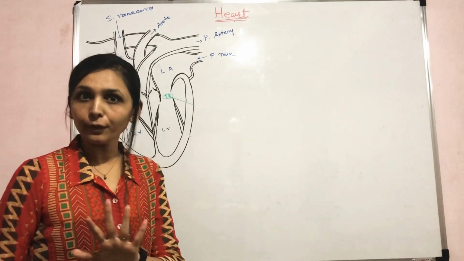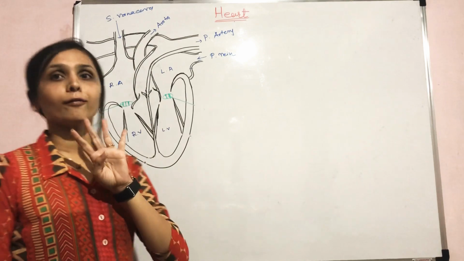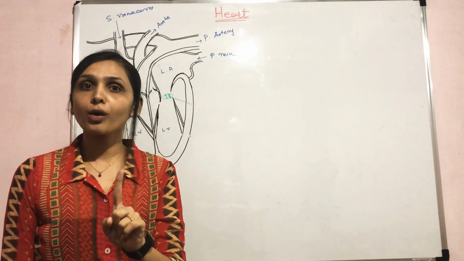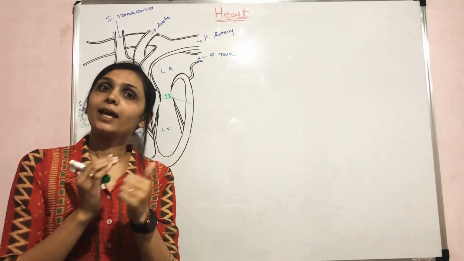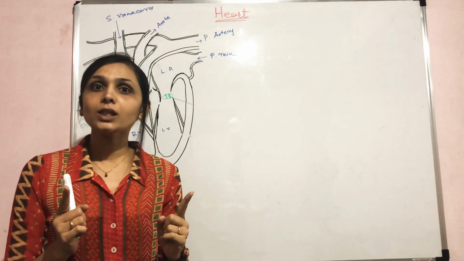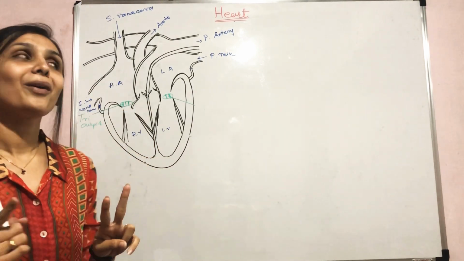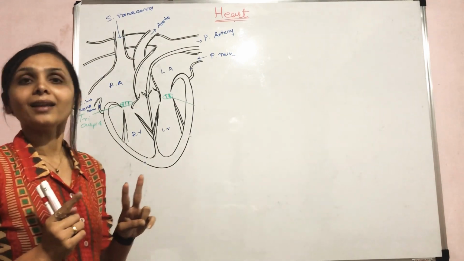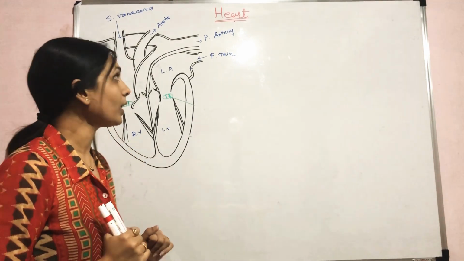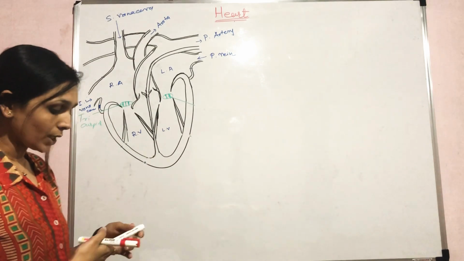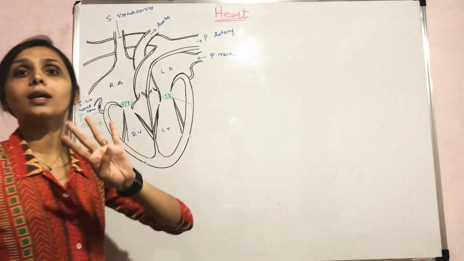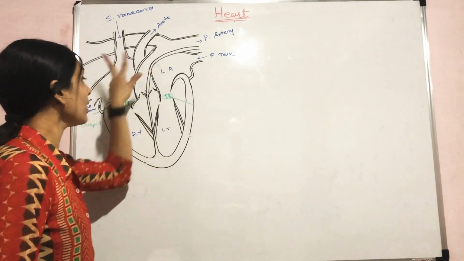Just revising the brief structure of the heart. The heart has 4 chambers. It is a muscular organ, slightly tilted to the left side, present between the two lungs in the chest cavity, or thoracic cavity. The basic structure has 4 chambers, 2 upper and 2 lower.